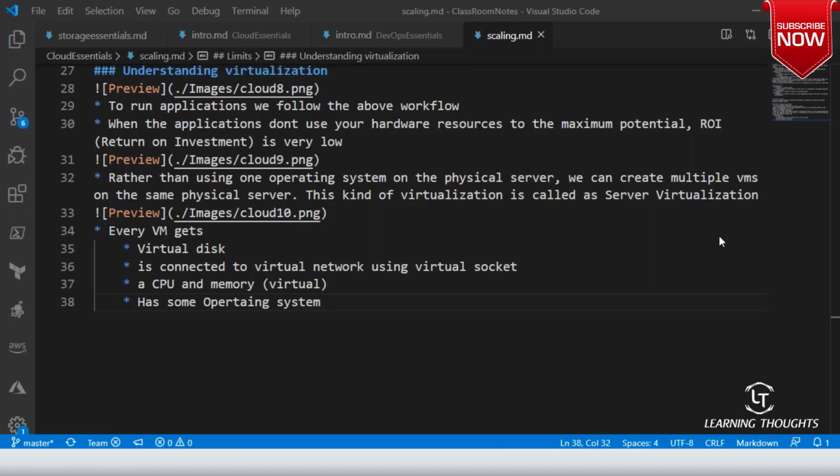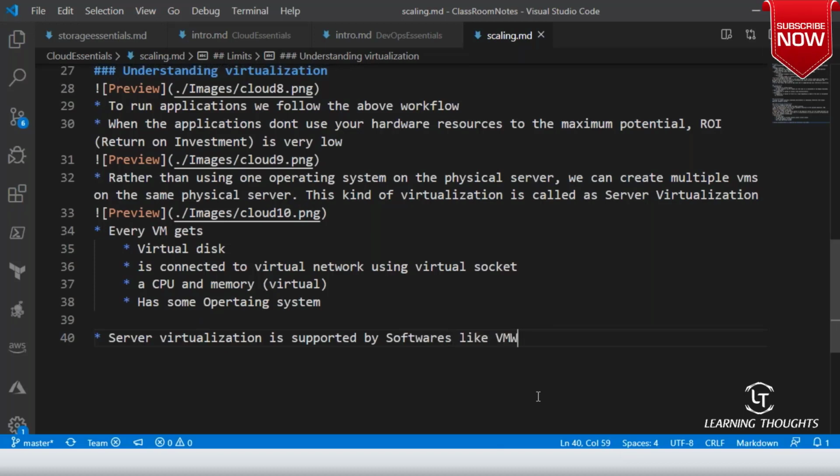Now, in the cloud, you might have heard people saying that in AWS, I have created an EC2 machine. In Azure, I create a virtual machine. In Google, we create a Google Compute Engine, whatever you call it. Basically, what we are trying to create is virtual machines. And server virtualization is supported by software like VMware.